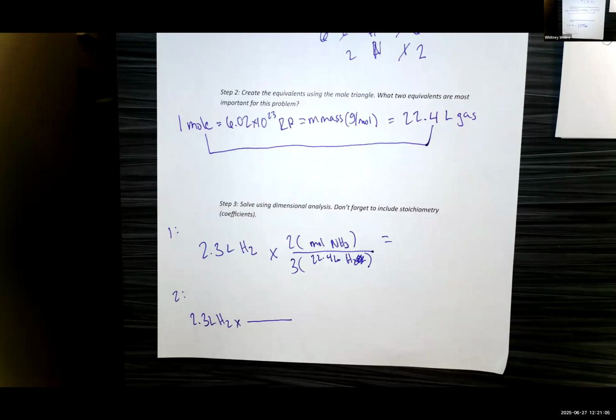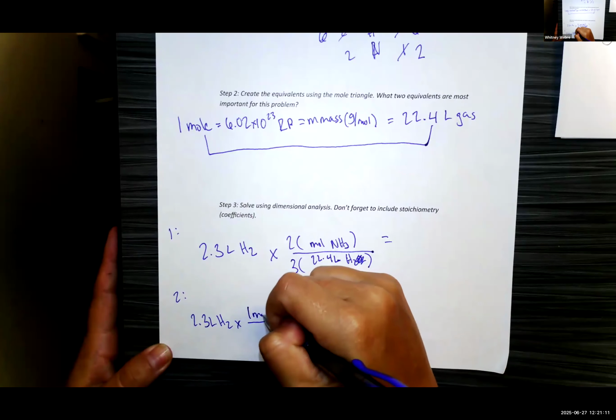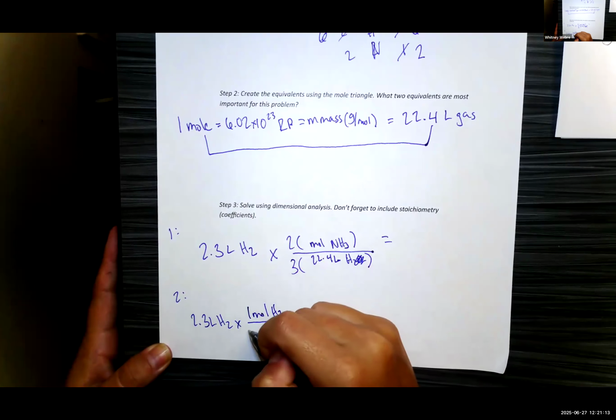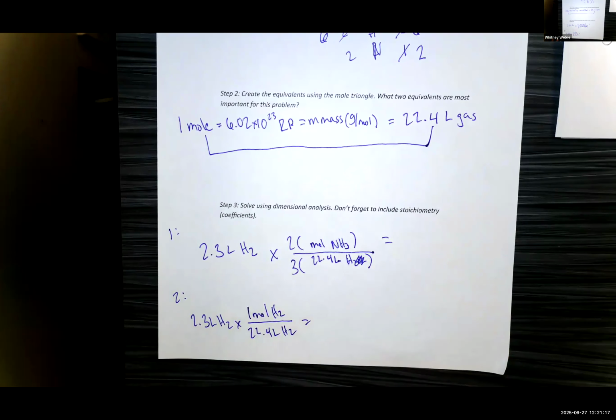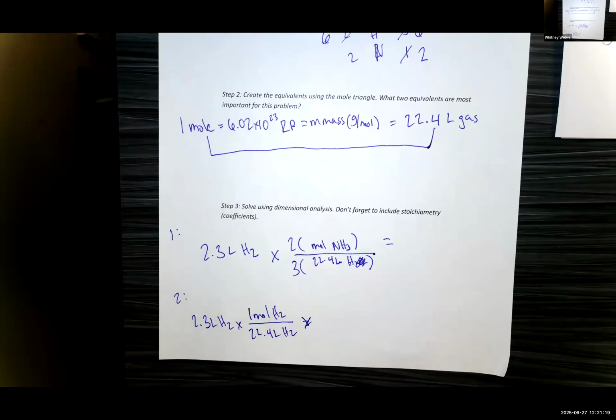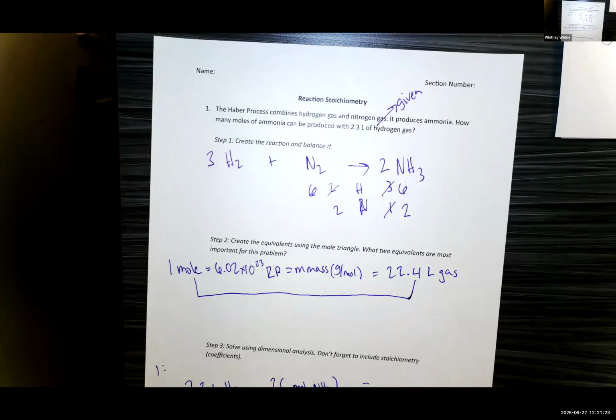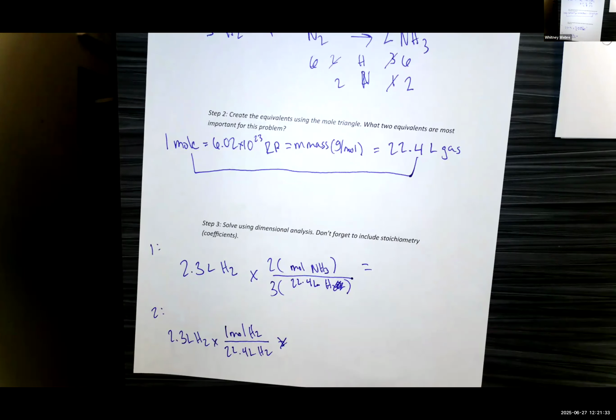So you've got to pick what option is best for you. So if I convert 2.3 liters into 1 mole of H2 divided by 22.4 liters of H2, that's converting into moles first. And then you have to use stoichiometry using that ratio. So that ratio could mean 3 moles of H2 plus 1 mole of N2 produces 2 moles of NH3. And that's where I'm getting that from. So you have to have that ratio somewhere in here.